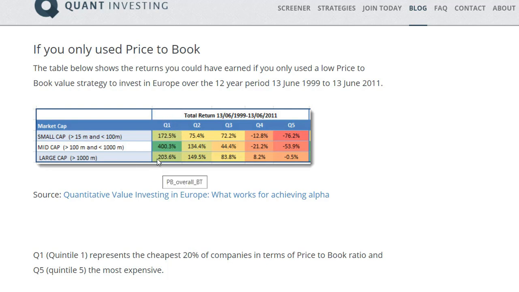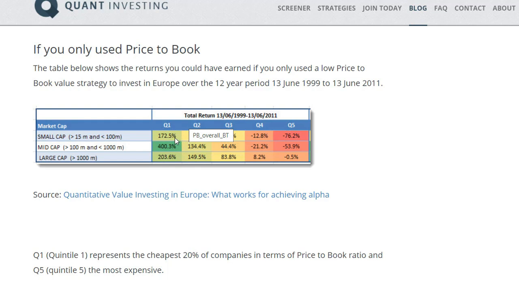We can see that if we pick the 20% with the best Piotroski scores, over this period they are making a way higher performance than the overall market. I think the overall market went up something like 30% in this time period.